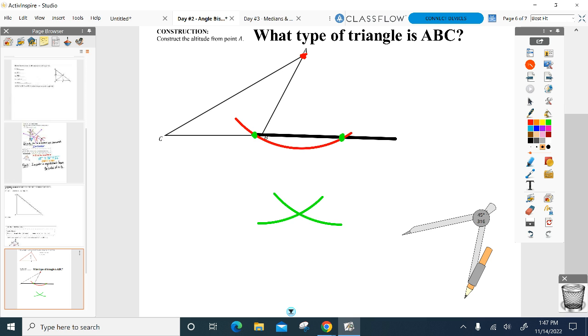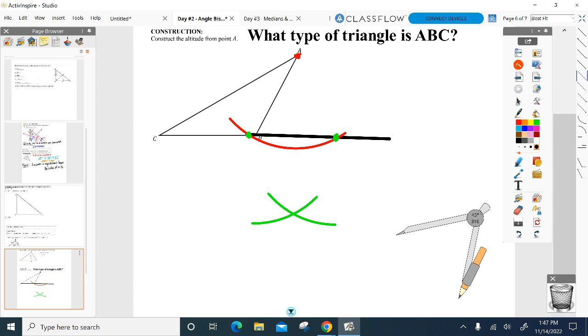And remember, an altitude comes from a vertex. So I'm going to line up vertex A with my point of intersection, and you're going to see the altitude being formed on the outside. You can draw it right through if you want, or you can stop at extended side BC. Your call. It doesn't matter if you're drawing in an altitude.